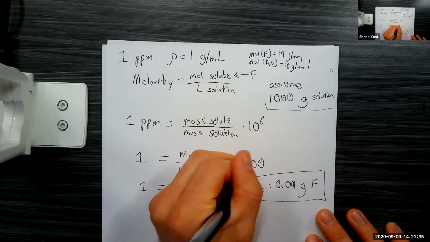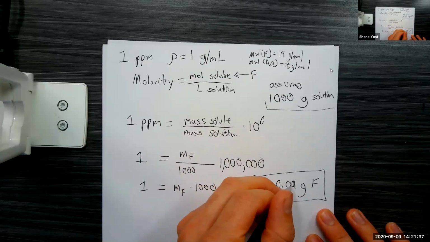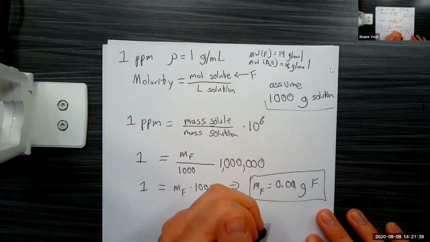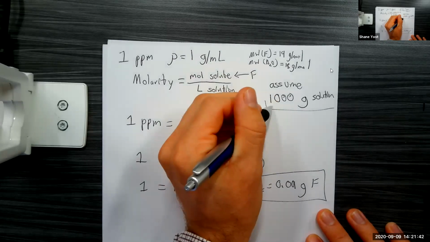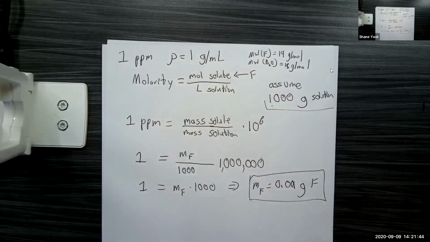So that's the mass of fluorine, 0.001 grams. That's the mass I have in 1,000 grams of my solution. I got 1,000 grams of solution, 0.001 of those grams is fluorine, and I know that because the solution is 1 parts per million.